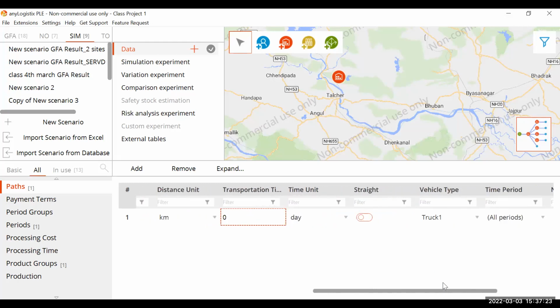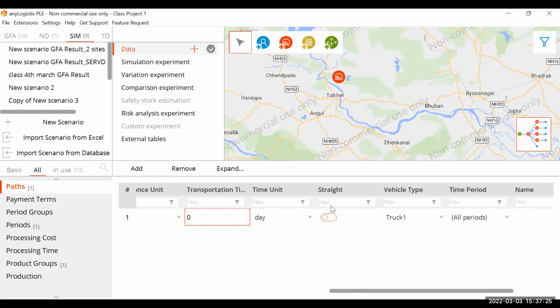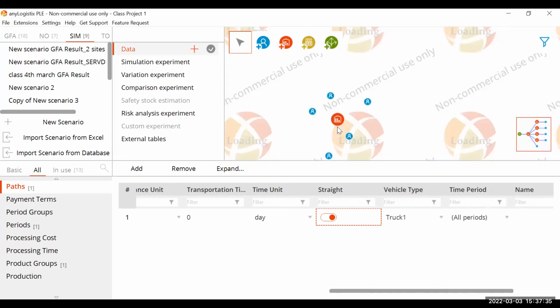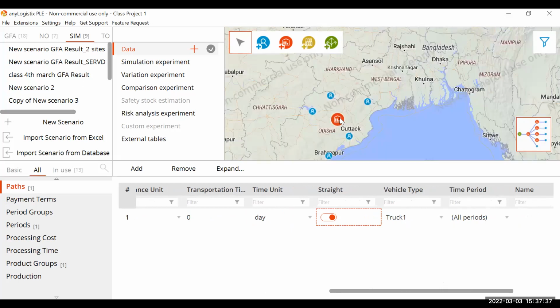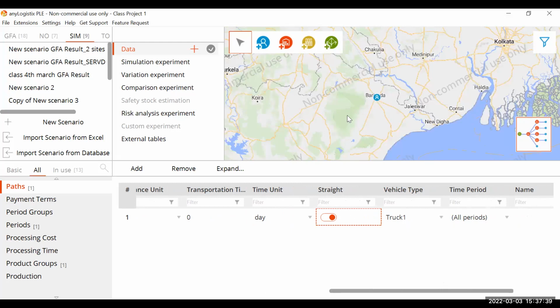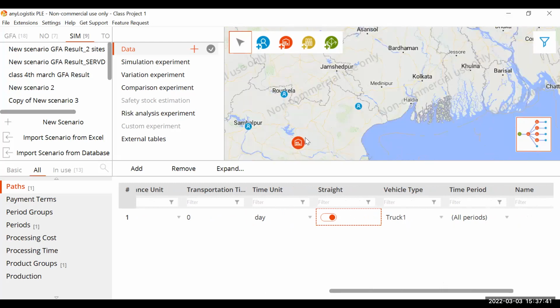Time unit is day. Here we have to keep it straight, because we do not have any road option, which is available in the commercial case. So whenever you are thinking of going from this distribution center to, say, Baripada, no matter whether there is a river or whether a road is there, it is just calculating the straight line distance, which is not actually true. Ideally it will go through the road which is available.